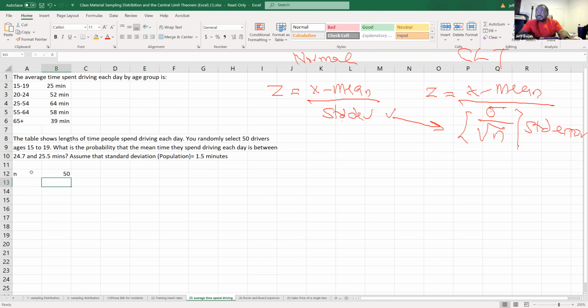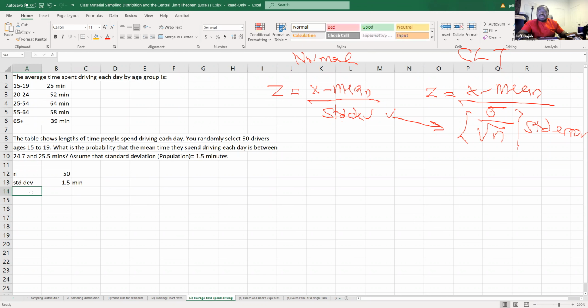What is the probability that the mean time they spend each day is between 24.7 minutes and 25.5 minutes? Assume that the population standard deviation is 1.5, so our standard deviation is 1.5 minutes.